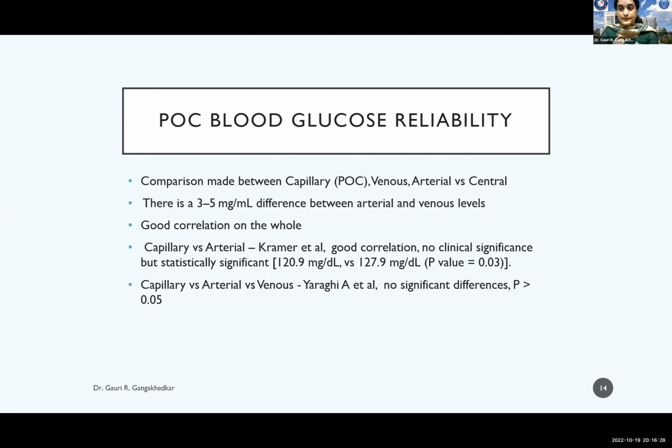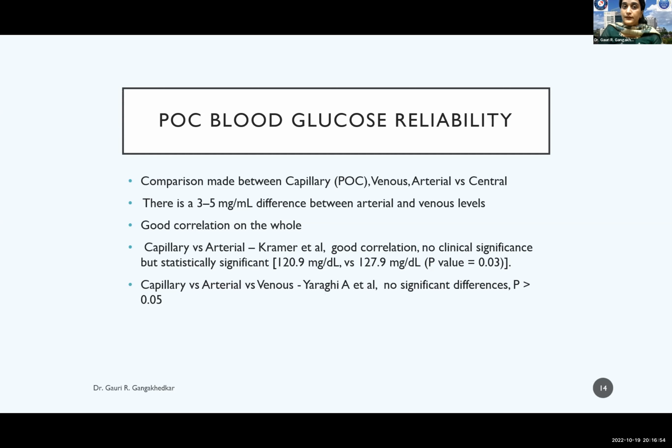You have the capillary testing, which is what is most commonly used for point of care. You have venous samples, and you could have arterial samples, versus your serum levels, which you sent from venous or arterial blood. Physiologically, there is always going to be a 3 to 5 milligram per dl difference between arterial and venous levels. The levels are going to be higher on the arterial samples, particularly after meals.